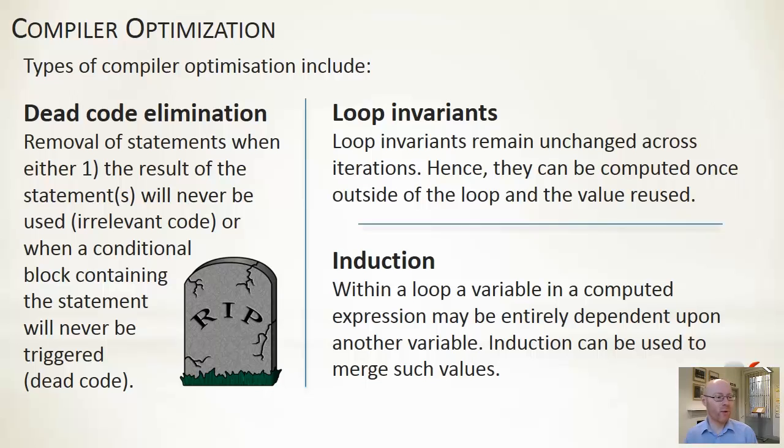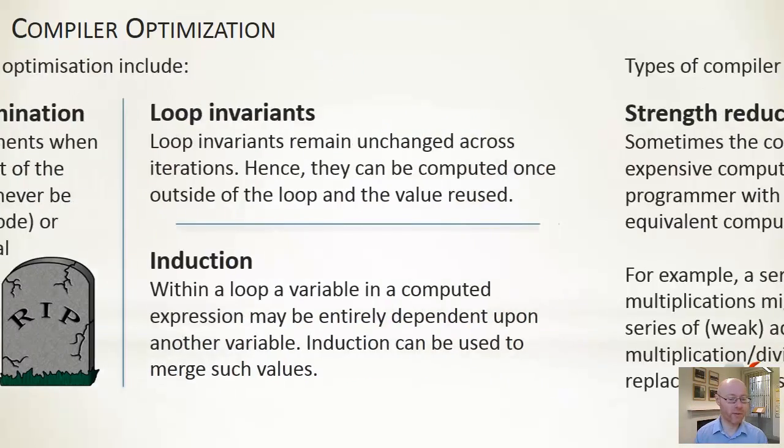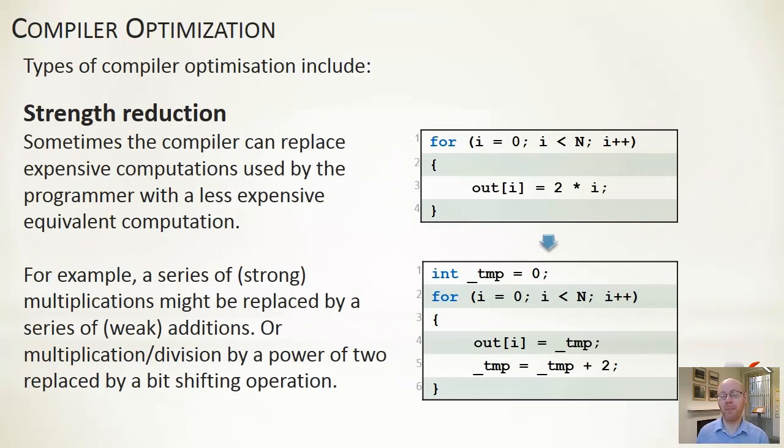This is, I suppose, a more interesting one, known as strength reduction, and it gets into the compiler having an understanding of, for different types of machine instructions, how quickly they get executed. So a good optimizing compiler will be able to look at the code.